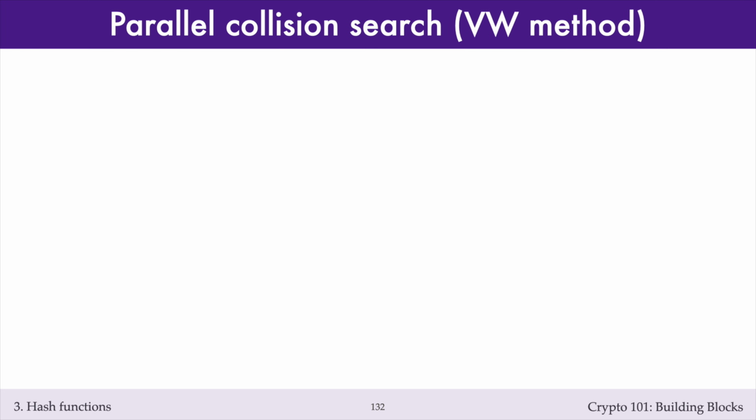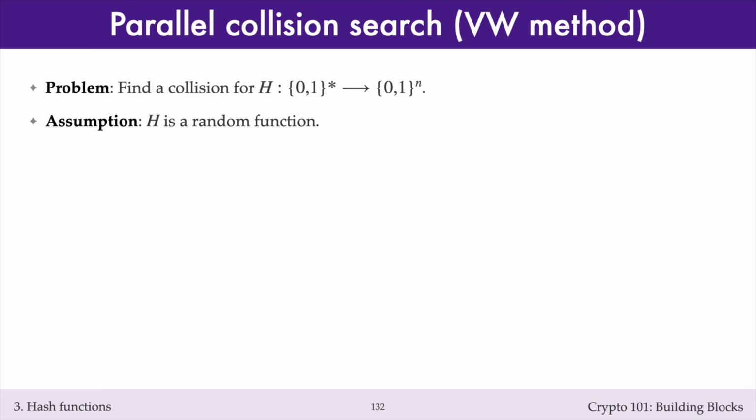I'll next describe the VW parallel collision search method. The problem is to find a collision for an n-bit hash function. In the analysis, I'll assume that h is a random function, which means that for every message x in the domain, we'll assume that h of x was selected at random.